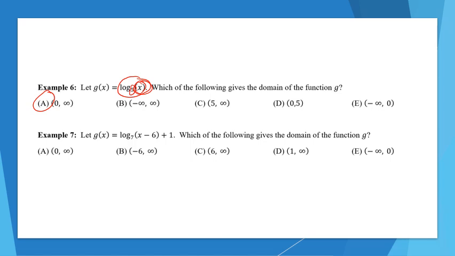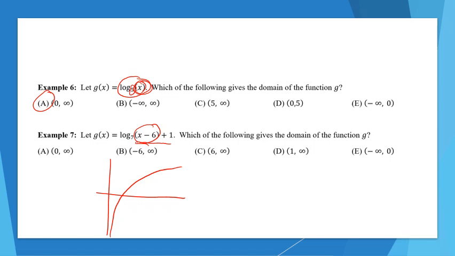Now example 7, log of x minus 6 plus 1, right? What numbers can we plug in that won't give this 0 or a negative number? We need the inside to be greater than 0, or you could just know that this is just a regular logarithmic function like so.